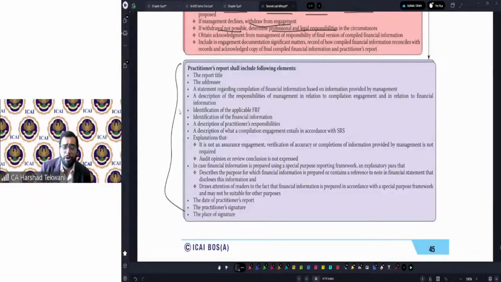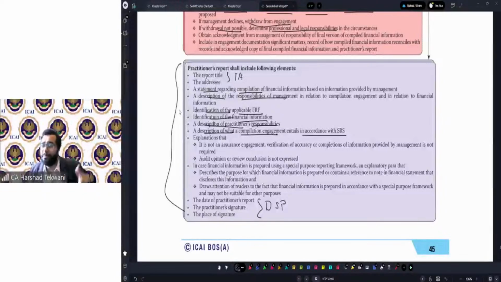Again, when it comes to the report, it is similar. This is the title and addressee, this is the date, signature and place, and in between we have other information like statement regarding compilation, description of management responsibility, identification of applicable financial reporting framework, identification of financial information, practitioner's responsibility, description of what a compilation engagement entails, in accordance with SRS, meaning this engagement is being performed in accordance with SRS. Explanation that it is not an assurance engagement and we are not verifying the accuracy or completeness of the information.